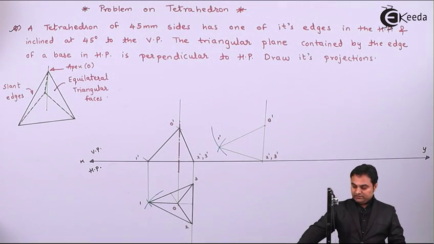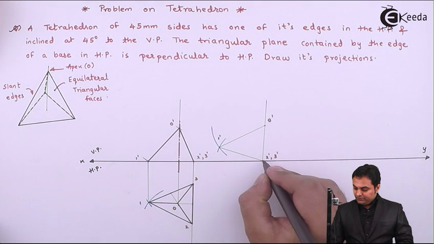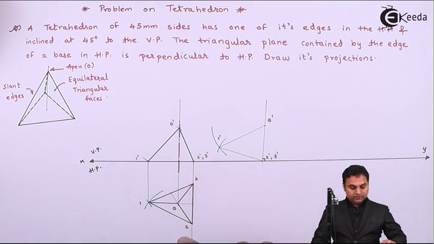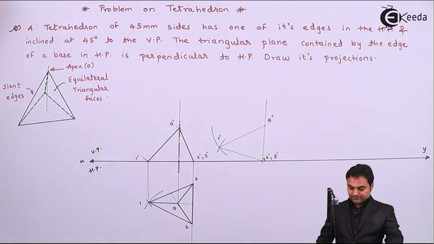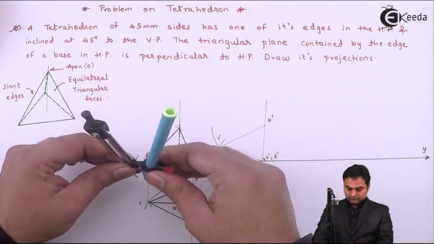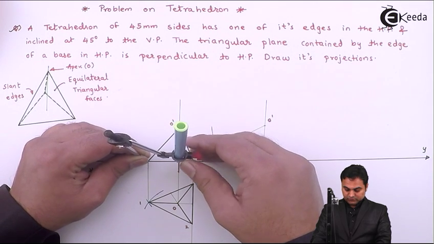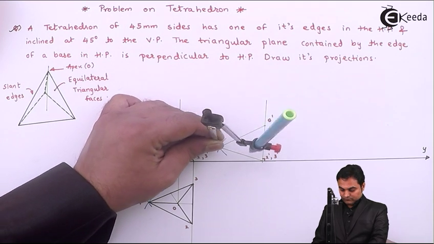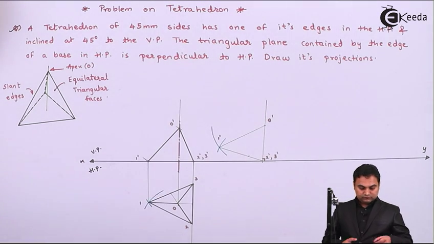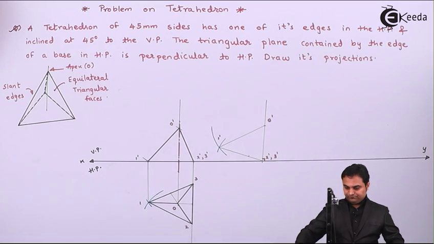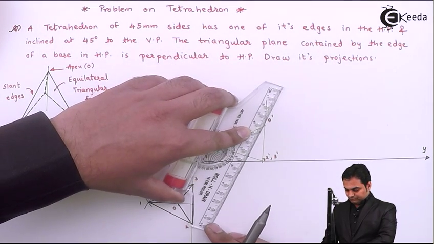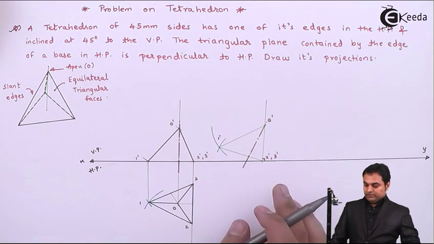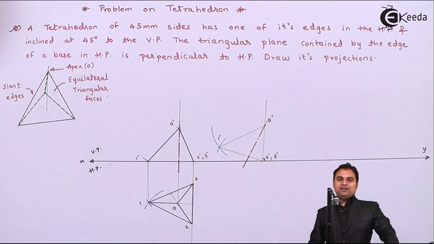So here we can see that this edge is perpendicular to xy, in other words perpendicular to HP seen in VP. After that, I'll mark the axis from 1 dash to this axis. Next, I'll make this tetrahedron dark.